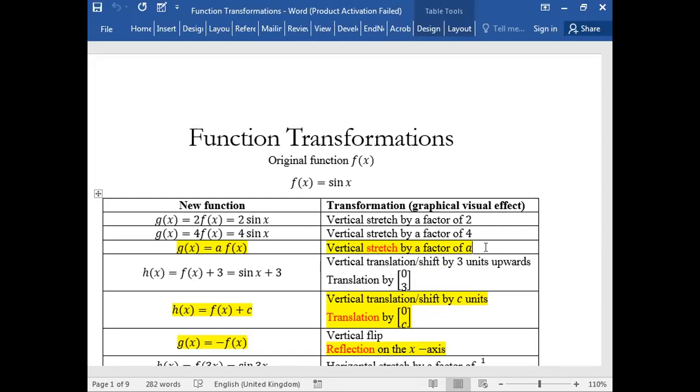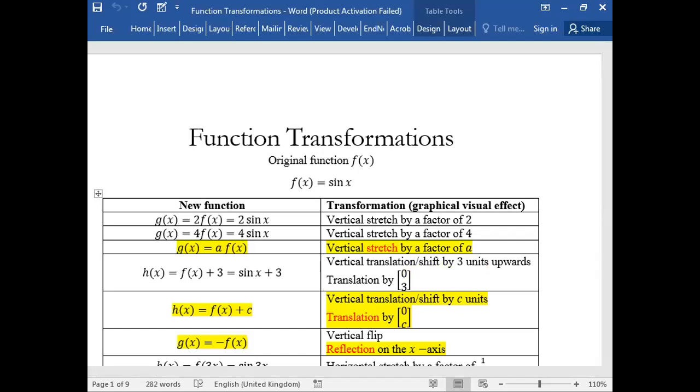Now a can be an integer, a can be a fraction as well, but we will call it a stretch. So even if it appears to have squeezed in, we'll still call it a stretch. Is this clear? Make sense?